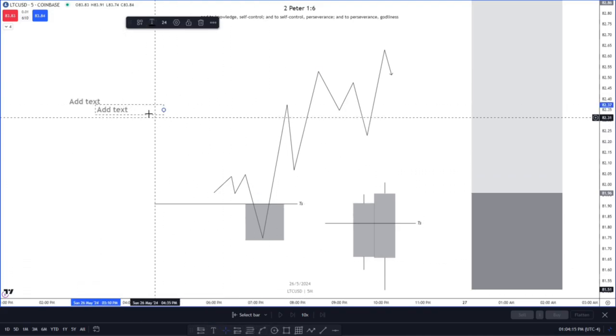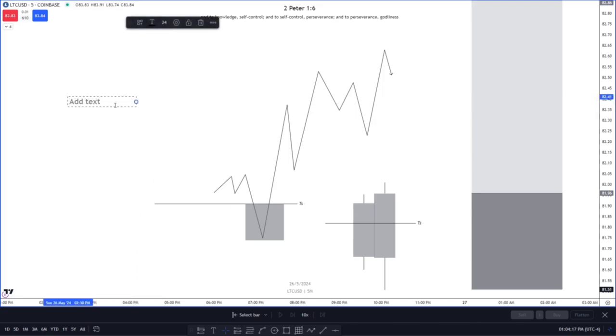When to enter off the CISD, when to not enter off the CISD. When price closes slightly above the previous down close.